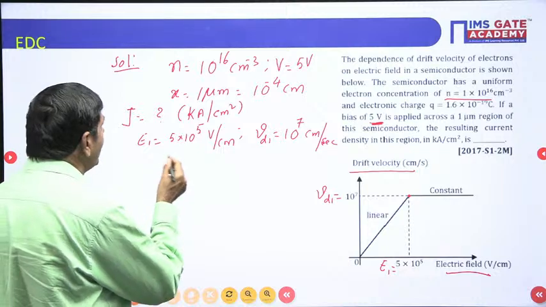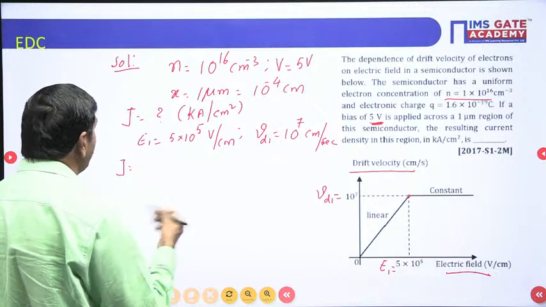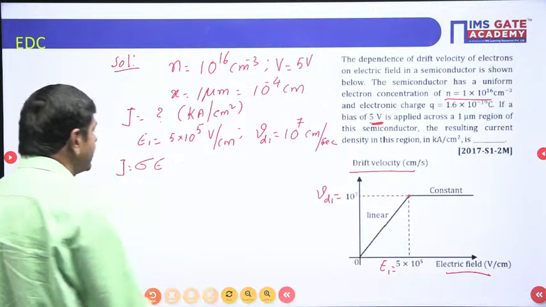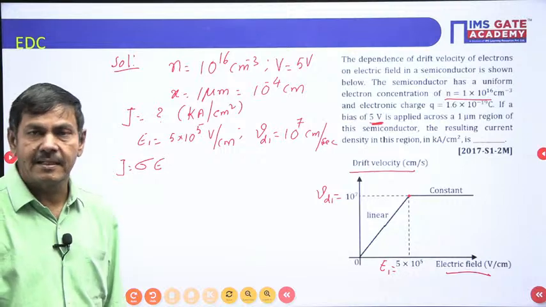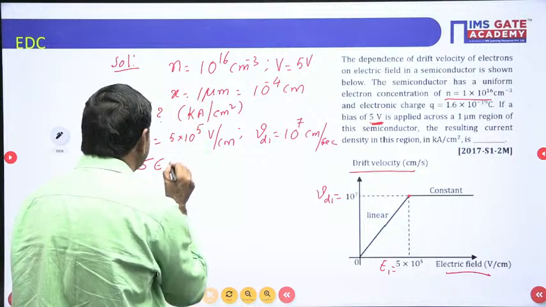How can I get J here now? Current density is calculated by sigma into E, we know very well. What is sigma? N into Q into mu N, where N is the concentration of electrons.